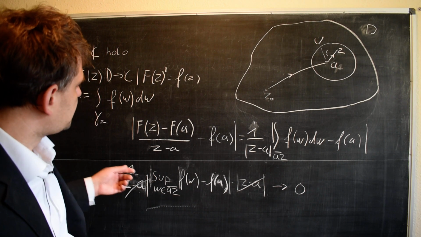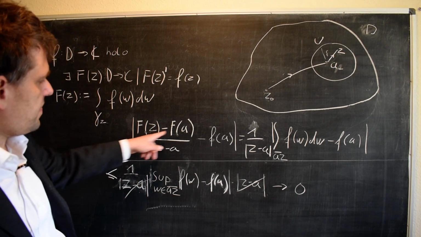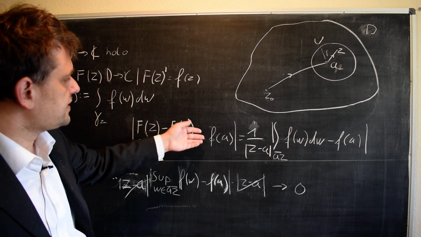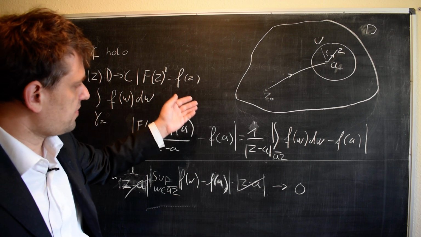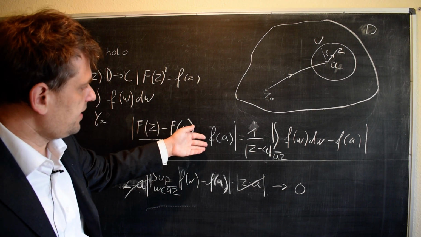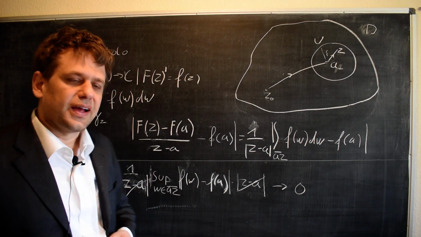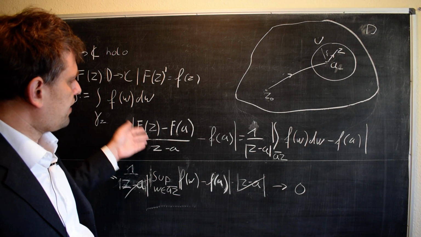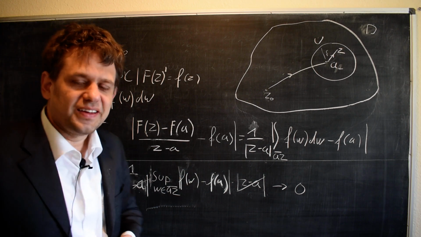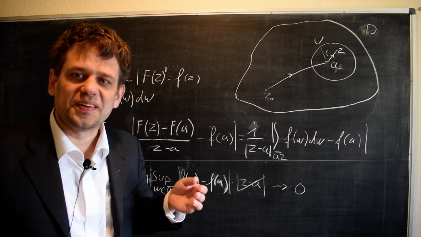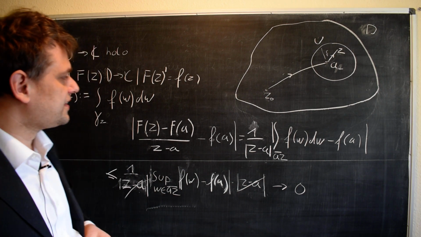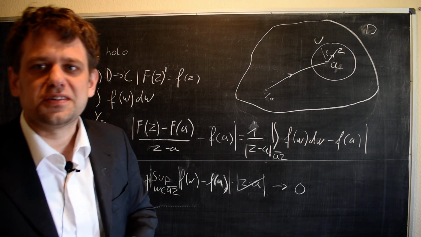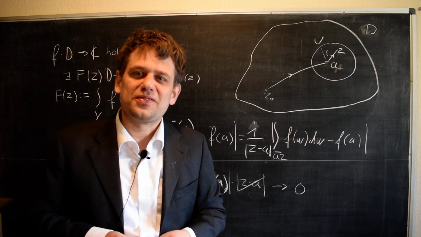And what this means is that the difference between this derivative and the value of f at a is 0, and in other words, the derivative of F at the point a is just small f, and this means we're done. We've found an antiderivative. So that's all for this mini lecture.